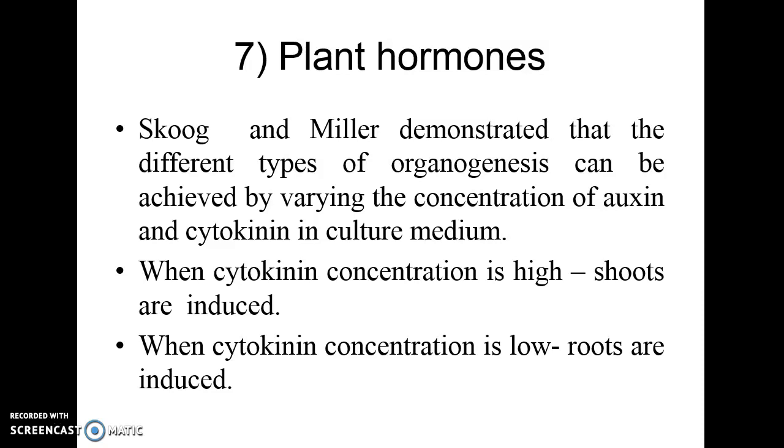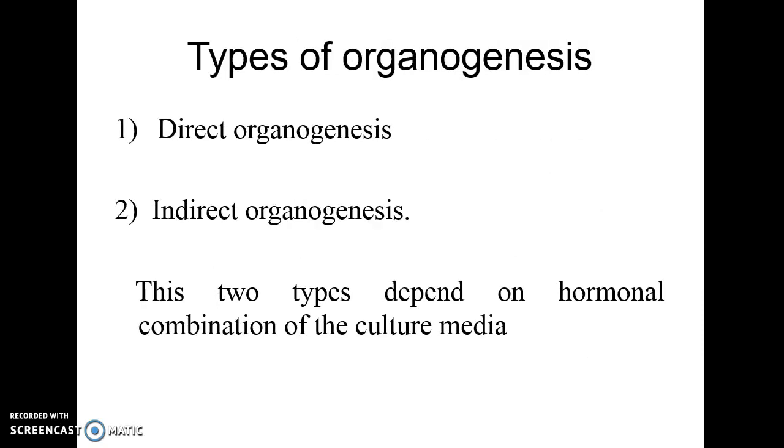This high cytokinin concentration will induce shoot formation, and a low concentration of cytokinin will induce root formation. So that means a high concentration of auxin is required for root formation, and a high concentration of cytokinin is required for shoot formation.